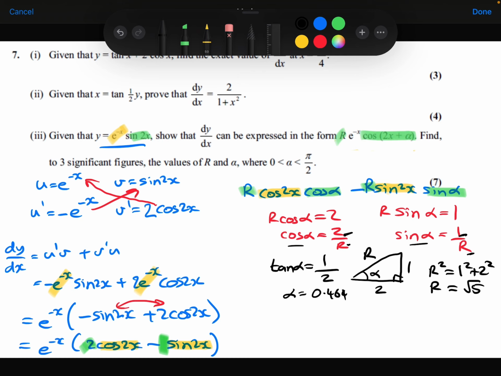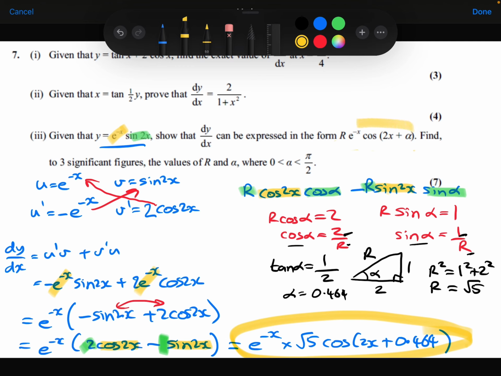So what that means then is if r is root 5 and alpha is 0.464, I can replace these brackets with root 5 cos 2x plus 0.464. And this is now in the exact form that I needed to show it.